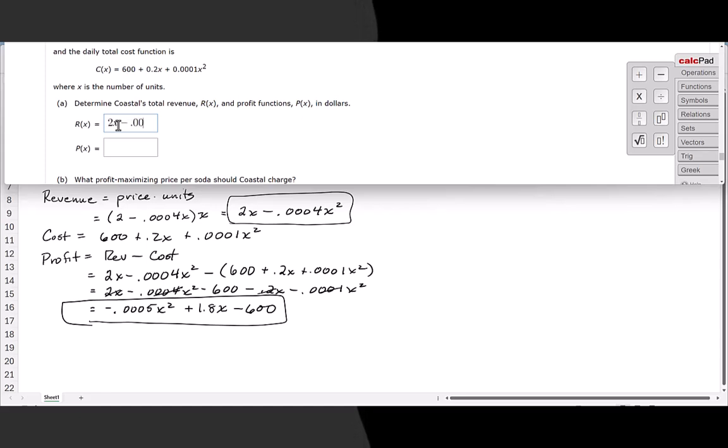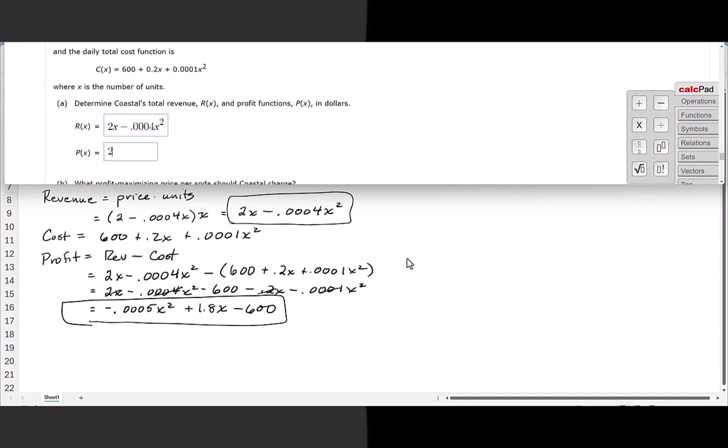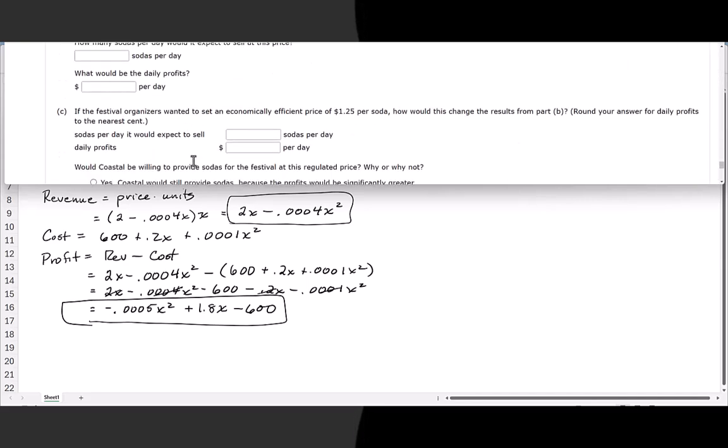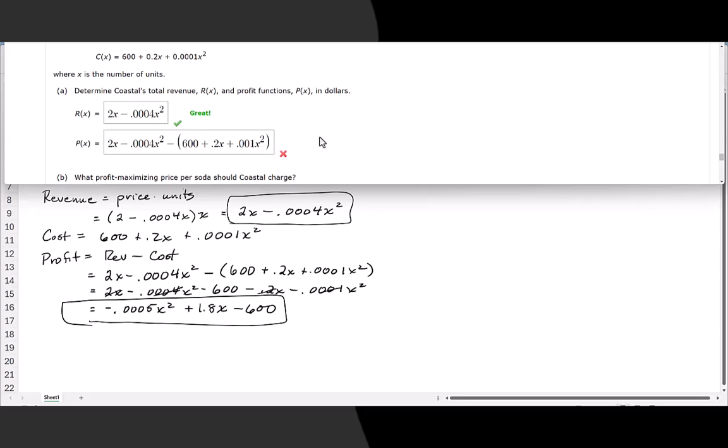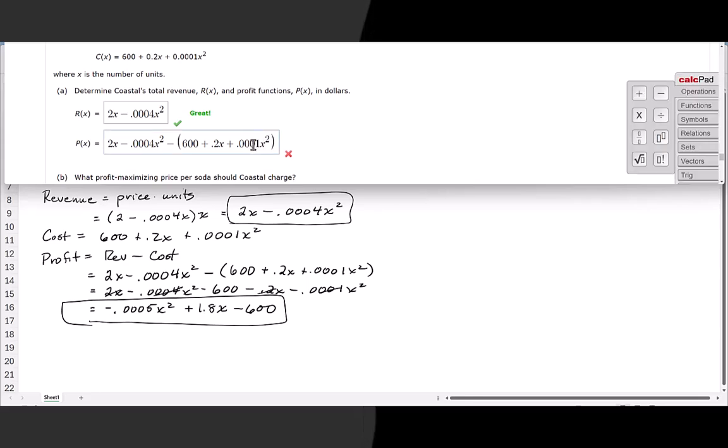And then profit is that revenue, subtract, in parentheses, around the cost. And as long as there are parentheses around the cost so that WebAssign knows that the negative would have to be distributed, it should take it in that format. Oh, except I missed a 0. Okay, let's try it again.